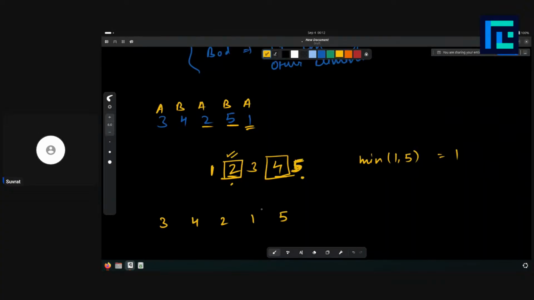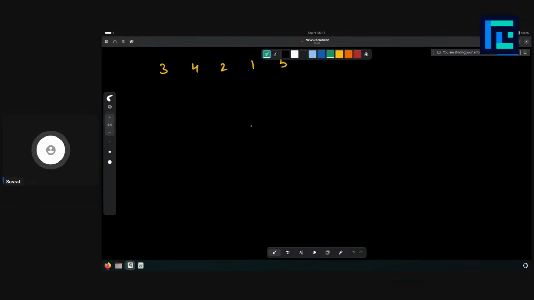The last test case is 34215. Again, first of all 3 4 would be the starting array, because of A B A. Now it's Alice's turn, and Alice would be placing 2. Alice would want to maximize the other border element, so she would place 2 here, so that 4 is the other border element. Next turn is Bob's.